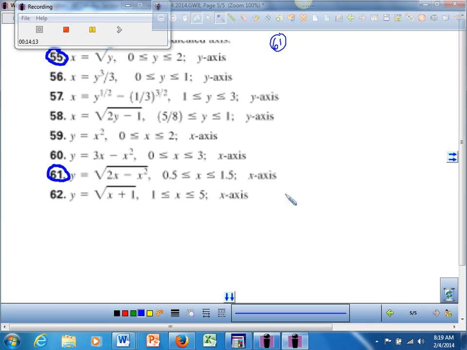So very quickly graph this so you can see what we're looking at. On your calculators, do it now, please. We're looking at something like that. Verify that for me. We are interested only between 0.5 and 1.5.